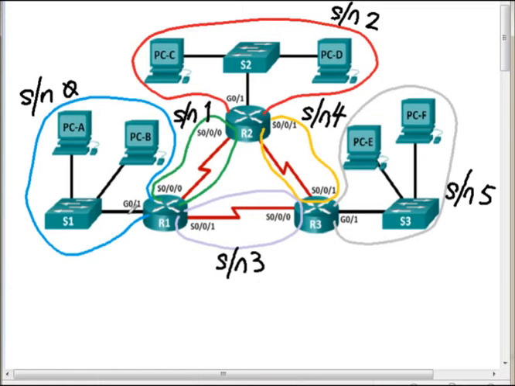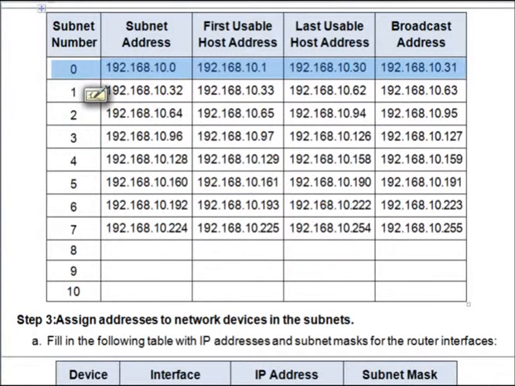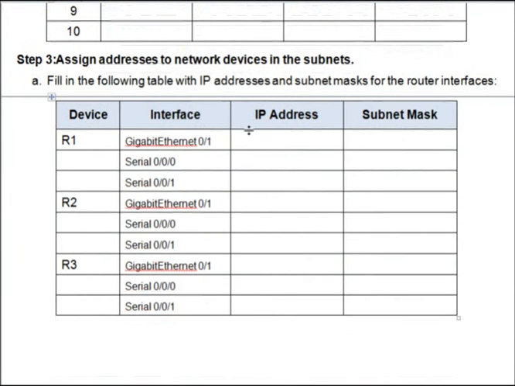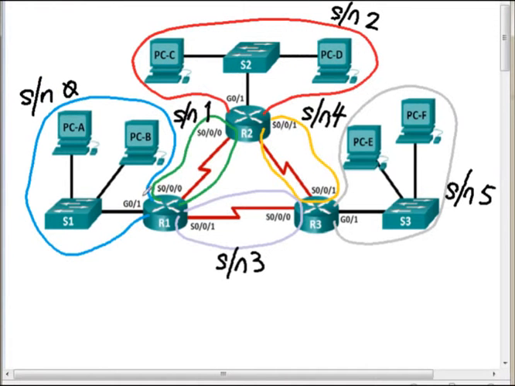Notice that R1 gigabit 0/1 is inside subnet 0. So let's assign any address within subnet 0 for this gigabit Ethernet 0/1.